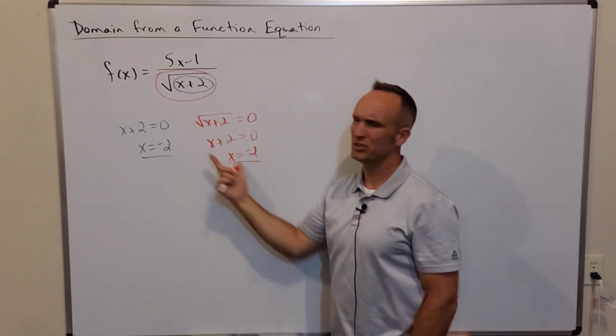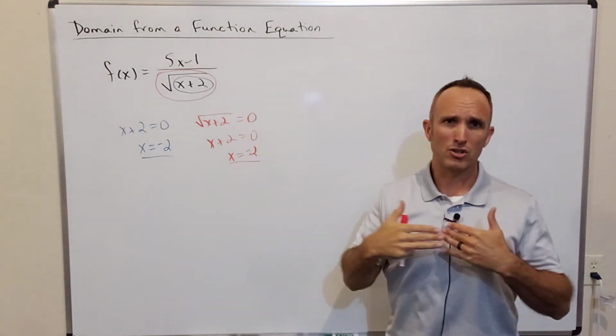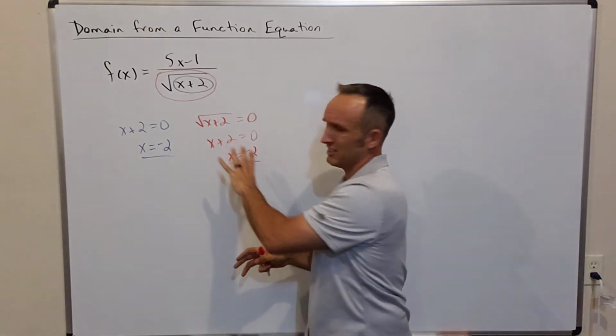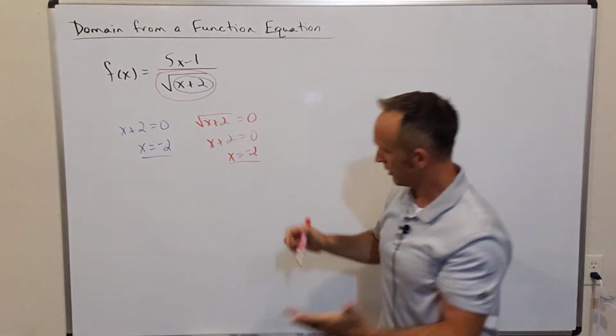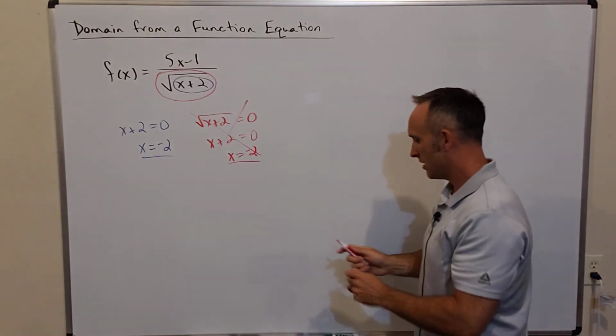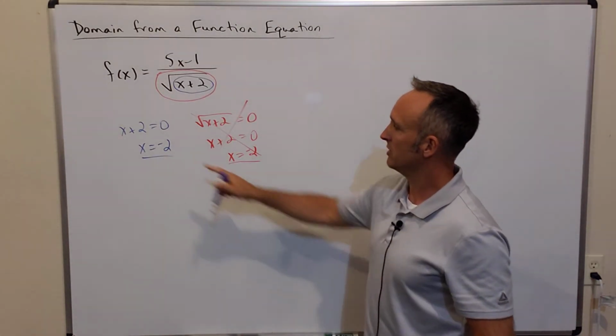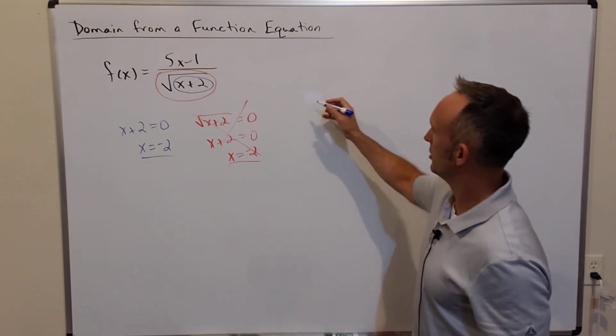So it actually yields the same critical value, okay? And you may see that initially. Personally, I wouldn't set up both of these because I could tell right away that negative 2 is a critical value. So this part here is not necessary, but you may want to write it down if you wouldn't have thought of it, okay? So negative 2 is our only critical value.